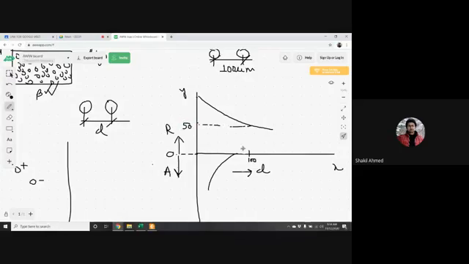When the distance is 150 micrometer, then it is around 40. Repulsive force is 40. Similarly, at this 100 micrometer distance, what is the attraction, guys?